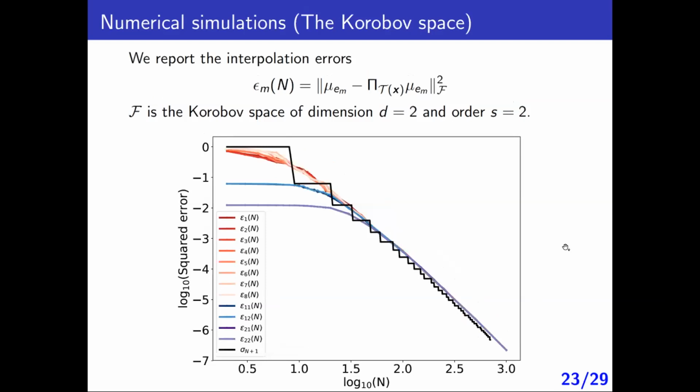This is the same when we go to s equal to 2. We have the same phenomena, initial error and then decreasing to 0 at the rate of the integration eigenvalue.